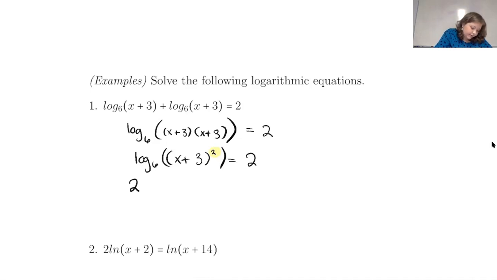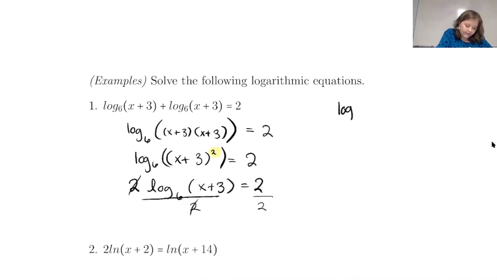So I'm going to write it as 2 times log base 6 of x plus 3 equals 2. And then we can divide both sides of the equation by 2. And so here the 2's cancel out, and we're just left with log base 6 of x plus 3. And then here 2 divided by 2 becomes 1.